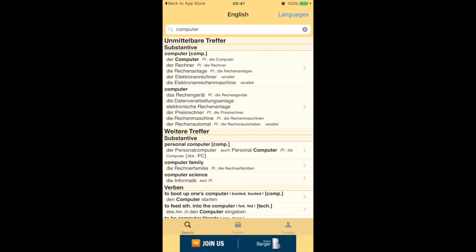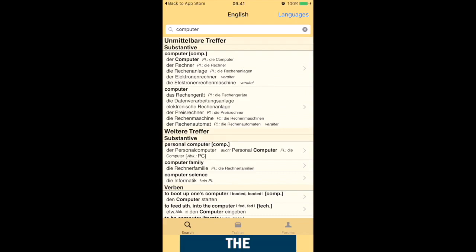The PL is for plural, and the last two, the Elektronenrechner and the Elektronenmaschine, are marked alte Tradition, which means it's kind of old stylistic language. Below that you have das Rechengerät, die Datenverarbeitungsanlage, die elektronische Rechenanlage.